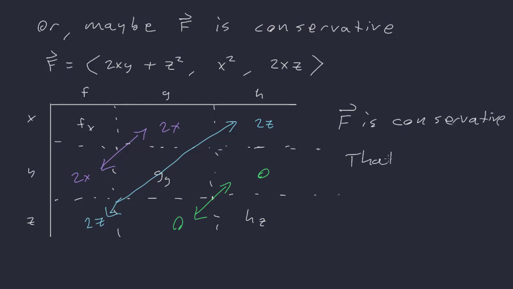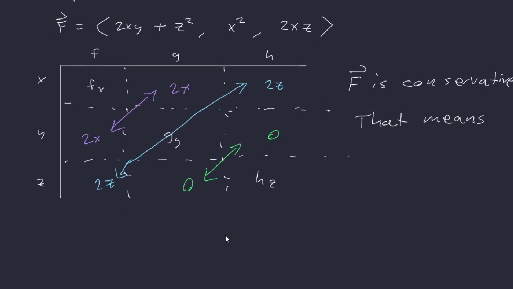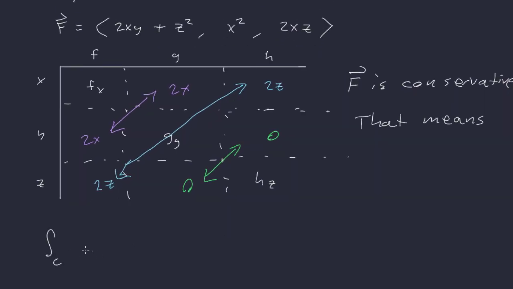That means that the circulation over C of f dot dr is going to be phi of B minus phi of A.